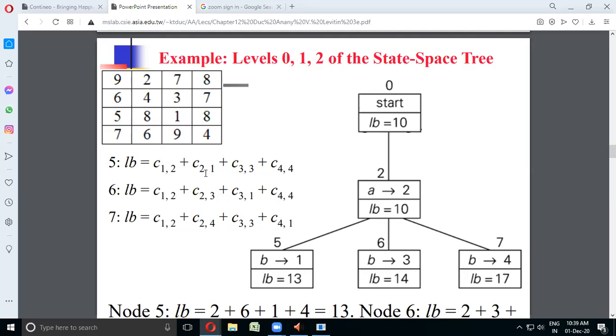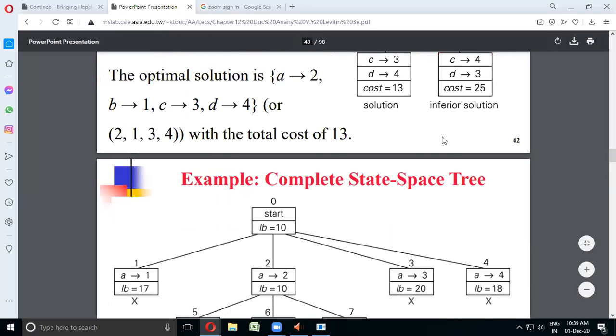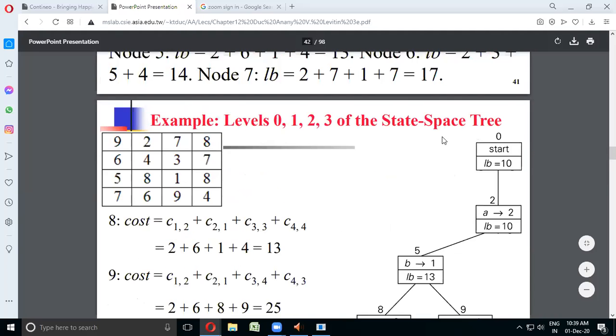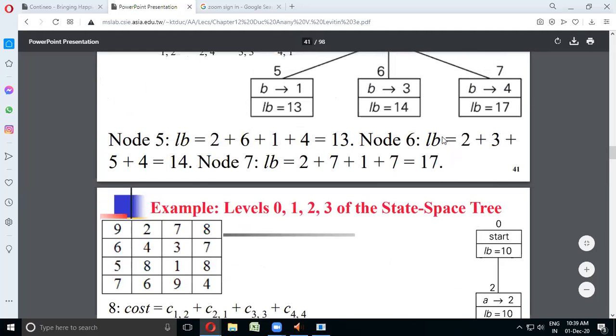And then what is the other possibility? We'll see. Now first person is assigned the second job, that is 2, right? One second, students. So 2 plus 7 plus 1 plus 7. So how are we getting this?